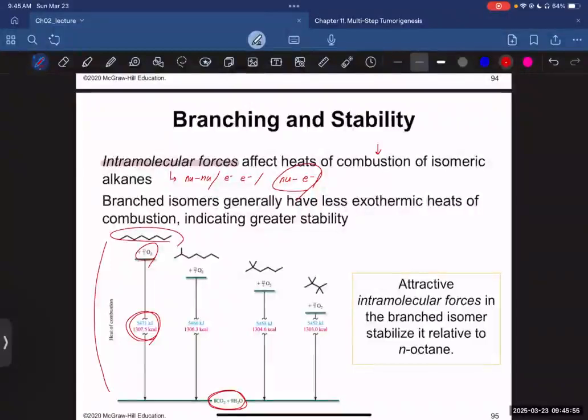And we can see that the linear form of octane in this case is indeed the most unstable form, because it is the linear form compared to the most branched form of the same octane.